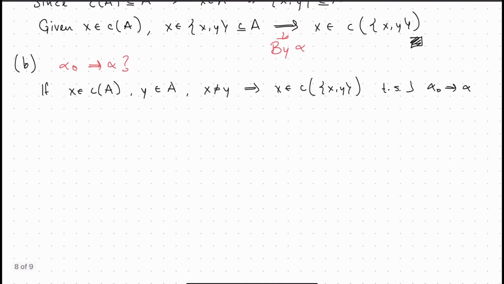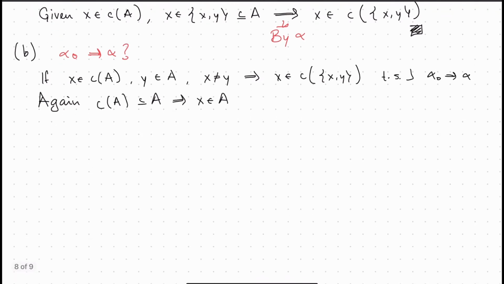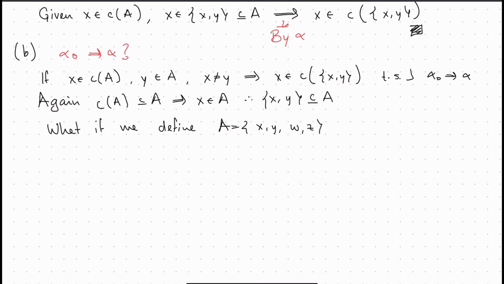Again, C is the choice correspondence over A, a subset of A, then x is also in A. We're using the same condition we used in the previous proof, and therefore xy is a subset of A. But what if we define A as x, y, w, z?